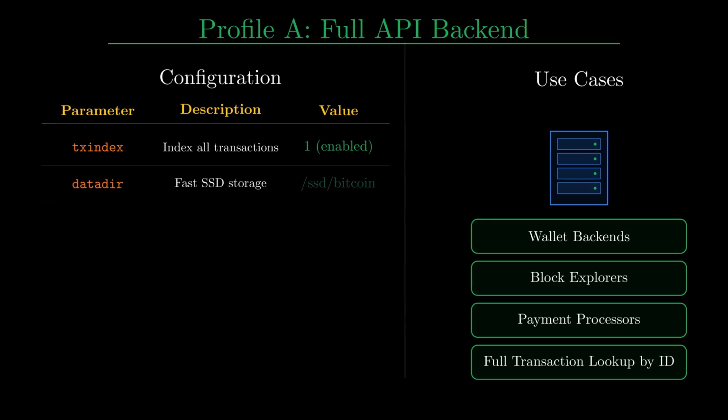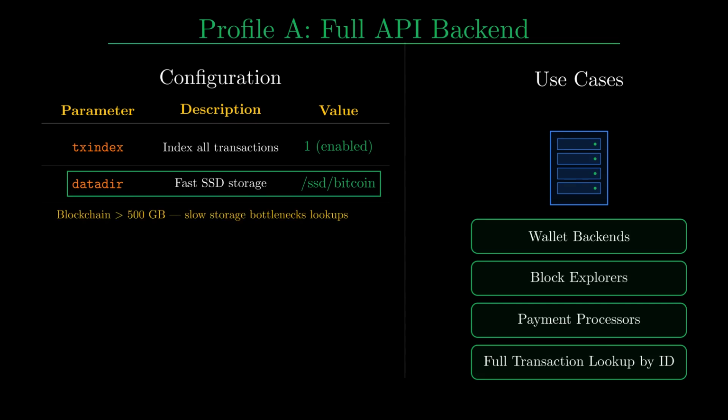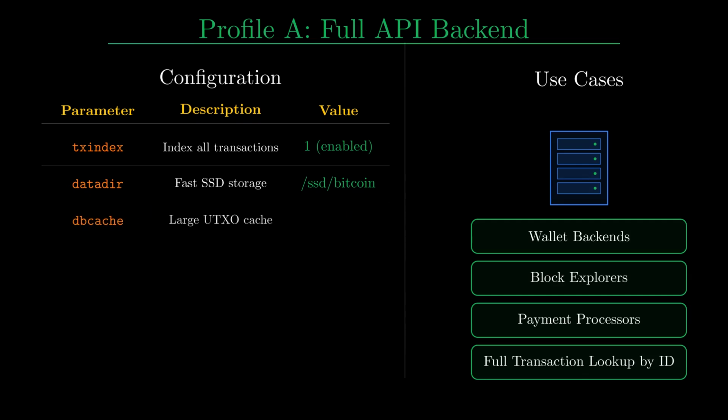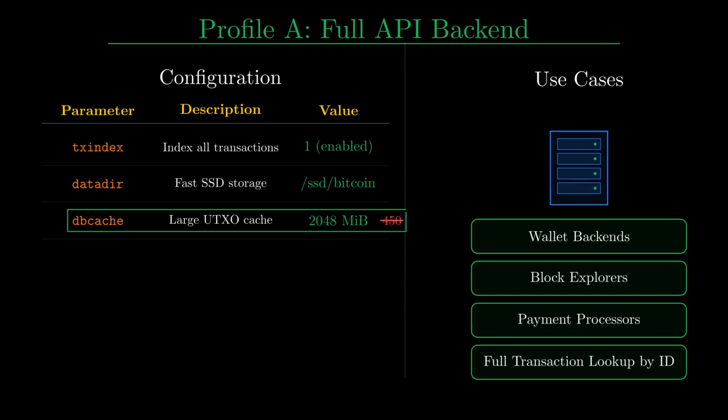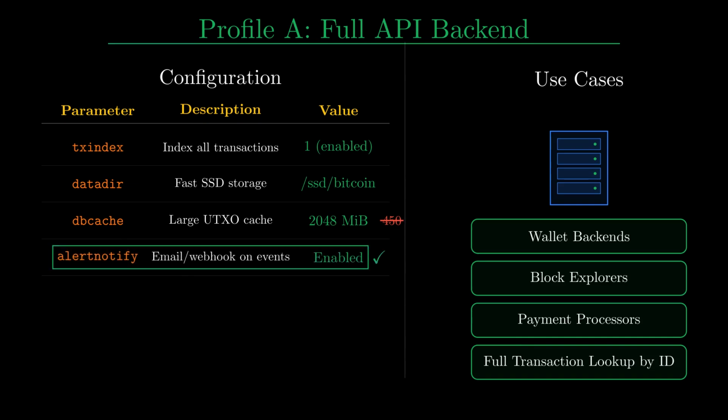Point datadir at a large fast SSD. The blockchain exceeds 500 gigabytes. Slow storage bottlenecks lookups. Set dbcache to 2048 megabytes or higher, up from the 450 default. This keeps more of the UTXO set in RAM, dramatically reducing disk I/O during both initial sync and ongoing operation.